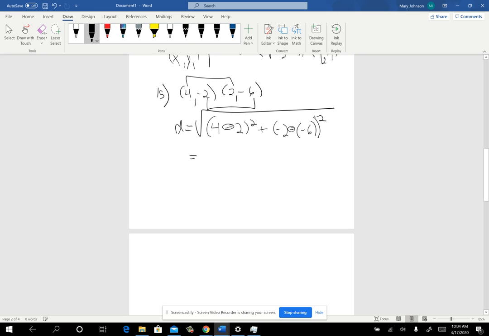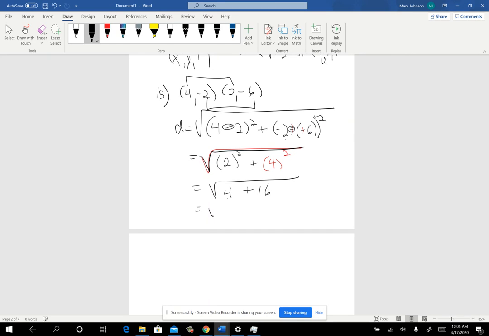So let's finish this one up. That would be 4 minus 2, which is going to be 2. This is negative 2 minus negative 6, which becomes plus 6. So that becomes a 4 squared. Square root on all of that. So we wind up with the square root of 4 plus 16, and don't square root each of those.